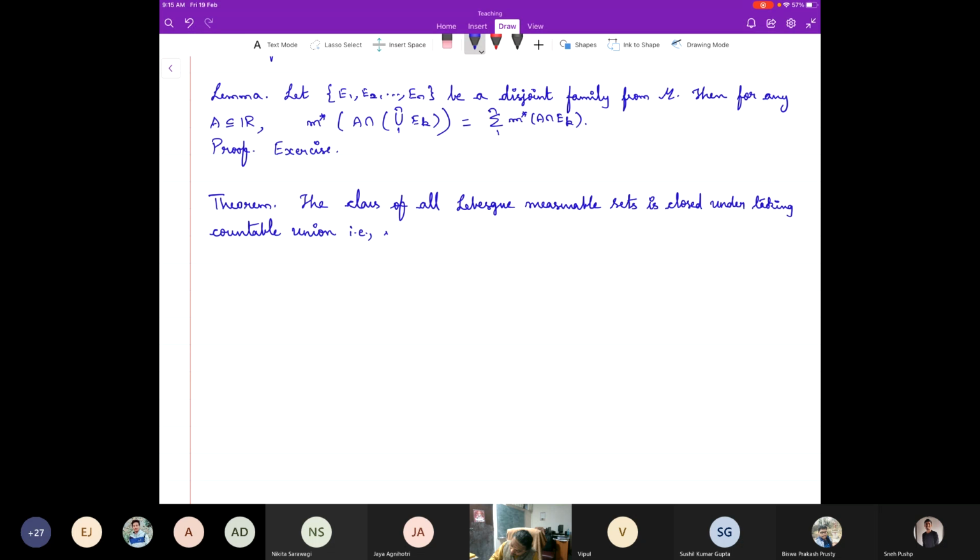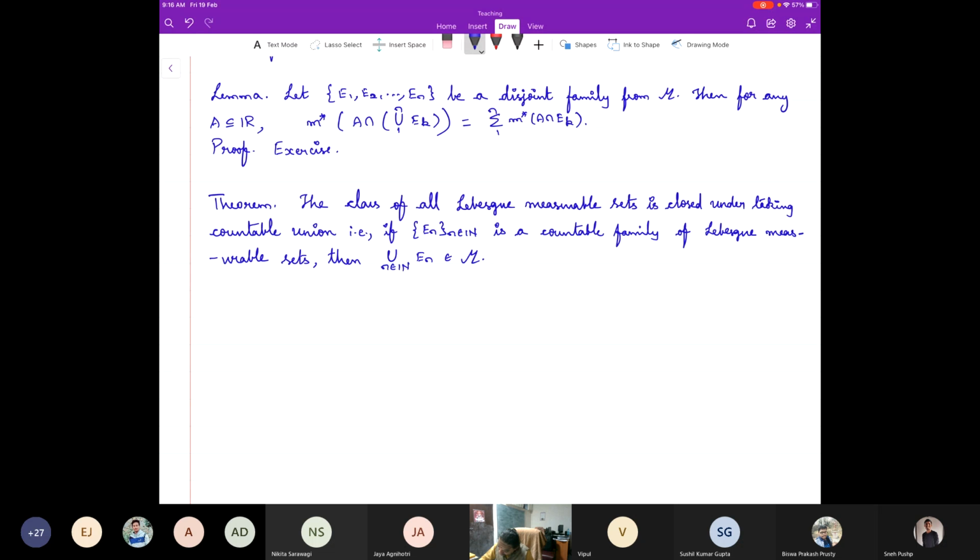That is, if En, n in N, is a countable family of Lebesgue measurable sets, then the union over n in N of En belongs to M.